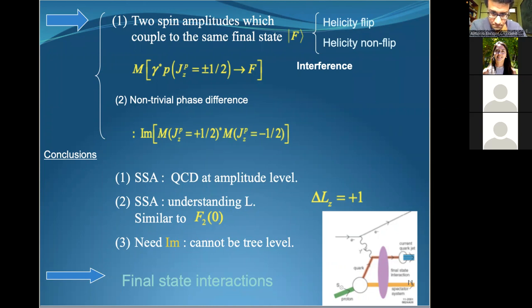This is very similar to the anomalous magnetic moment. Actually, I wrote another paper with a Chinese colleague about the connection of these asymmetries with the anomalous magnetic moment, F2 of 0. So this is the other thing that I wanted to mention that gives you a handle on QCD at the amplitude level.